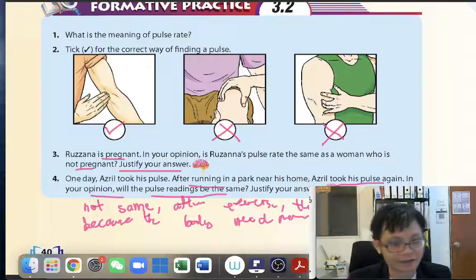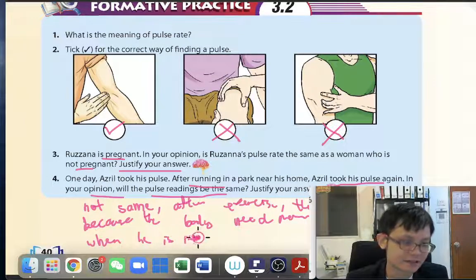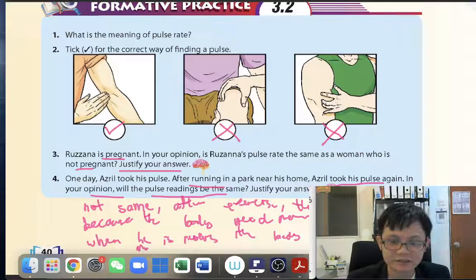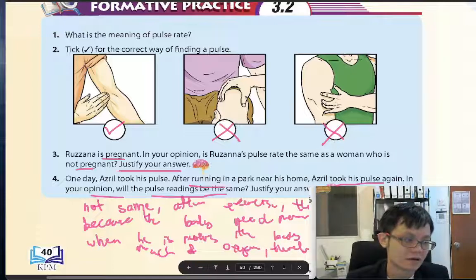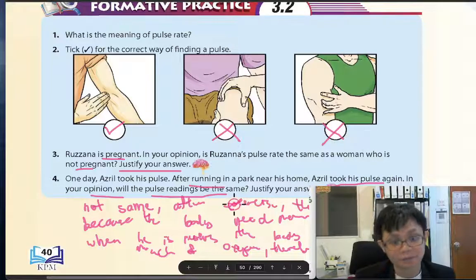And then you just say when he is resting, the body does not need so much oxygen. Therefore, the heart or pulse rate decreases, because the heartbeat is slower.